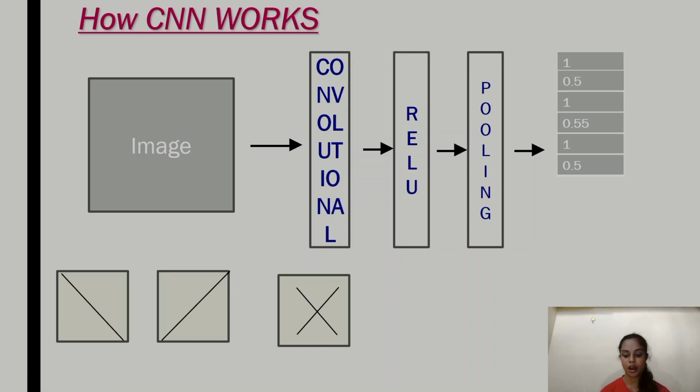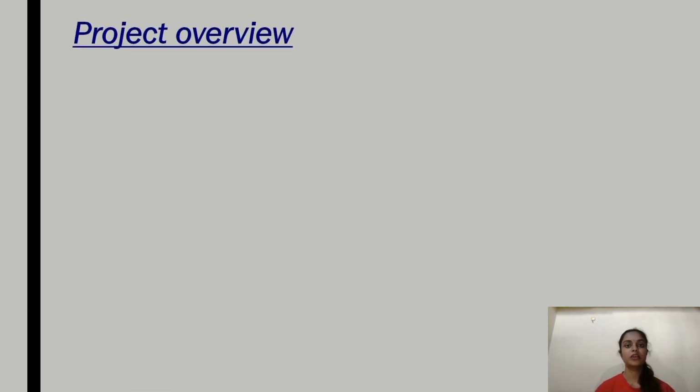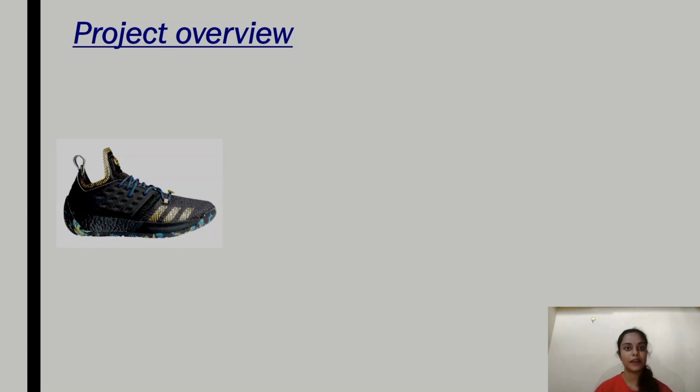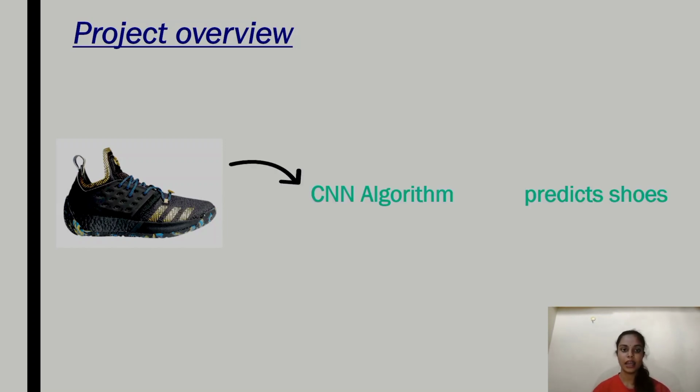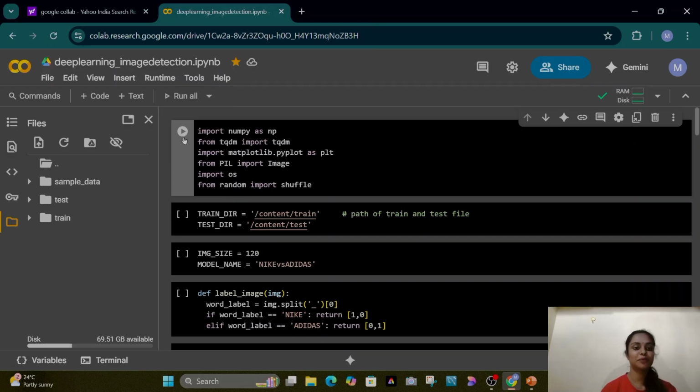Now let me explain my project overview. I'll be taking an image of a shoe and applying the CNN algorithm to it, which will predict the shoe. So let's get into the project code. I have written the project code on the Google Colab server.